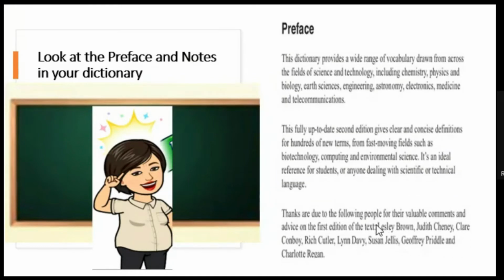I have an example here of a preface. It's important that you read the preface so that you will know that the dictionary you're using is the right dictionary that you need.